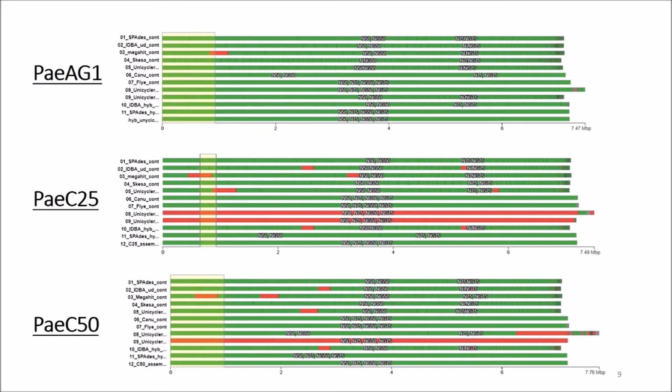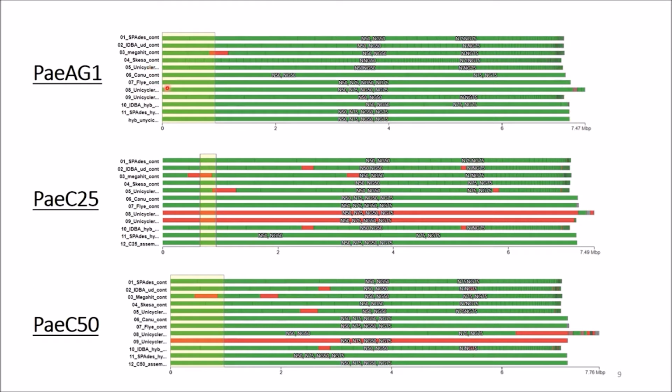Now we have the results. When we compare all the assemblers for each strain, we found that most of the assemblers had a similar total size in the assembly.